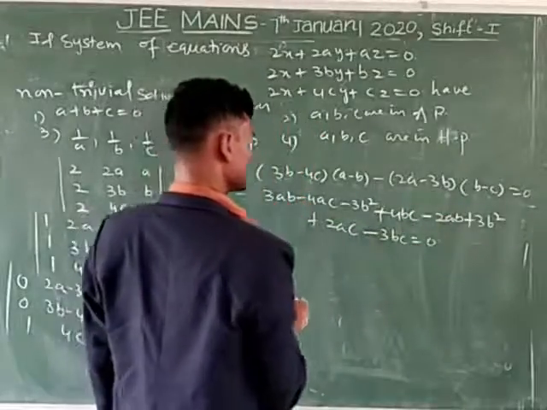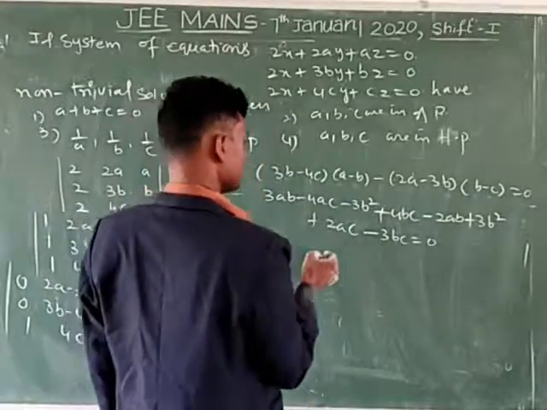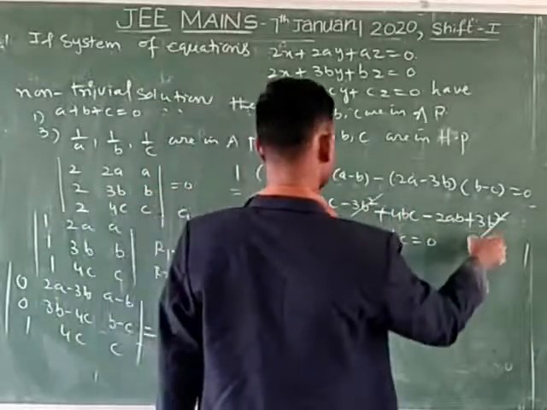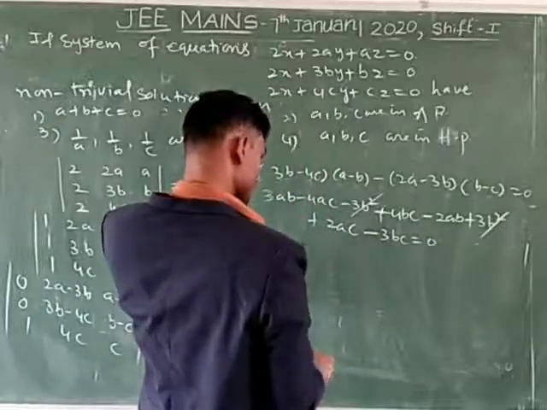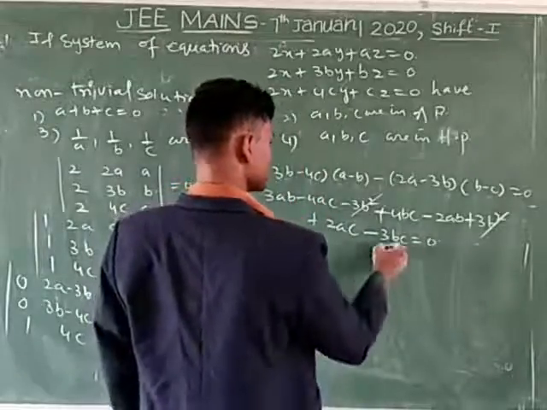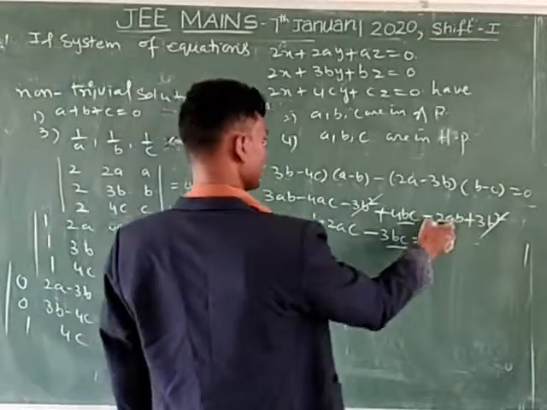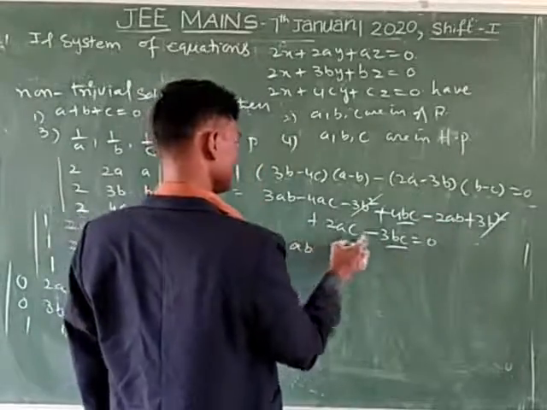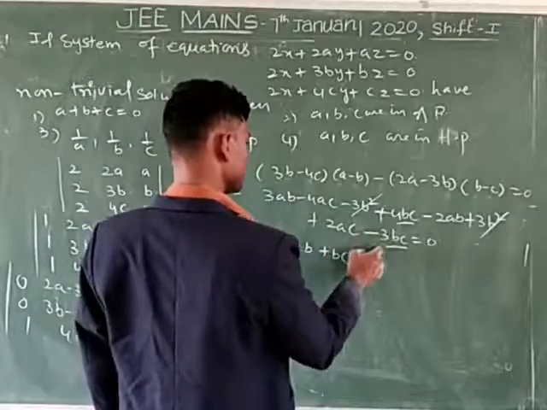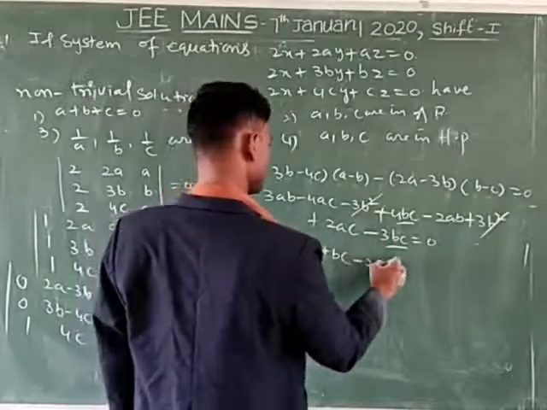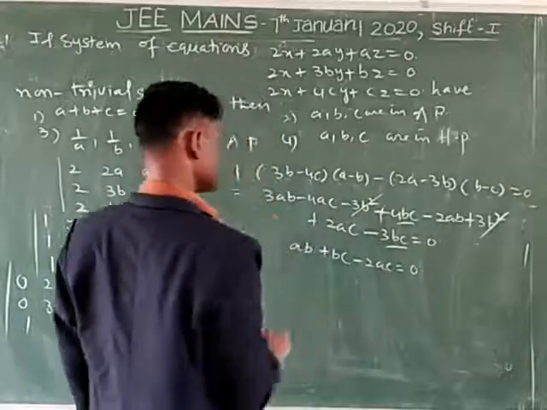Any terms cancel? Check here: 3b square cancels, next bc: 4bc minus 3bc leaves bc, 3ab minus 2ab leaves ab, and next minus 2ac is equal to 0.